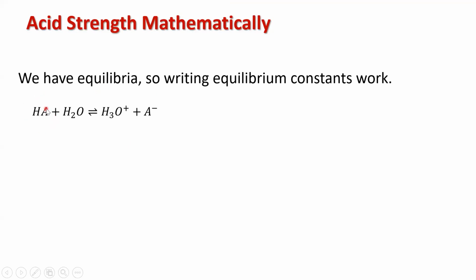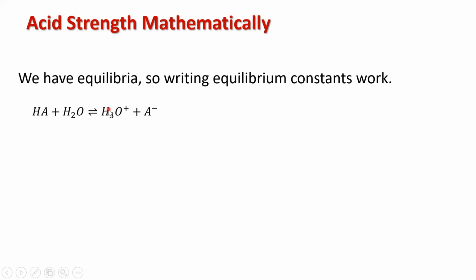This is just a generic anion, negative ion. And we put it into water. HA is going to act like an acid. It's going to donate its proton to water. We're going to produce hydronium ions and A- ions. But because HA is a weak acid, we're going to have an equilibrium that's going to be established between the forward and the reverse reaction.